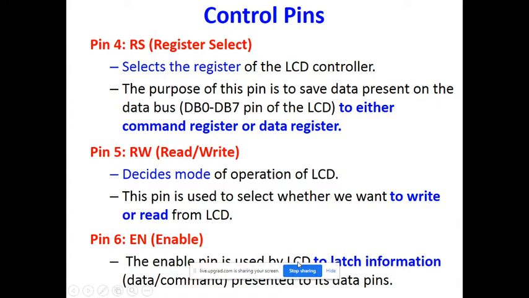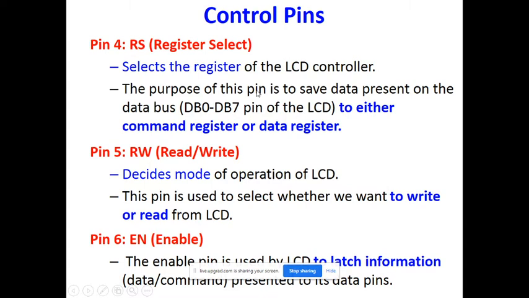When you apply a low to high pulse on this pin and then it moves from high to low, that is a negative going edge, at that instant information gets latched into either the data register or command register, depending upon the RS status. The information available on the pins D0 to D7 is latched into the data register or command register as per RS, that we know.